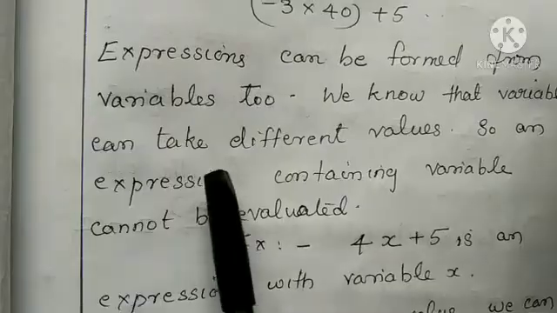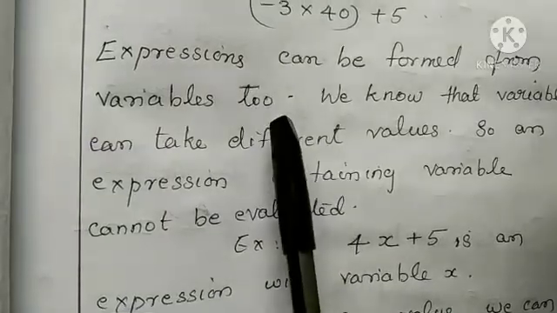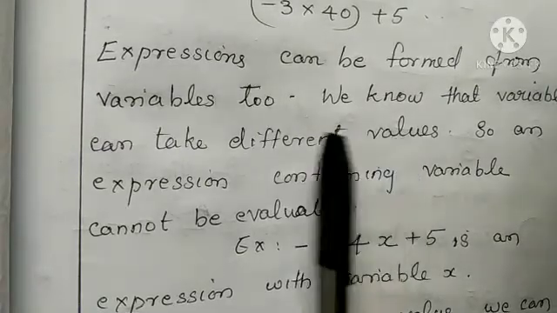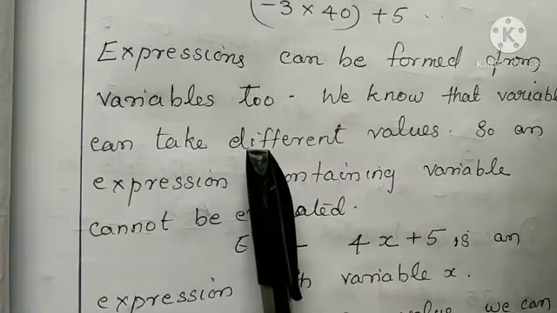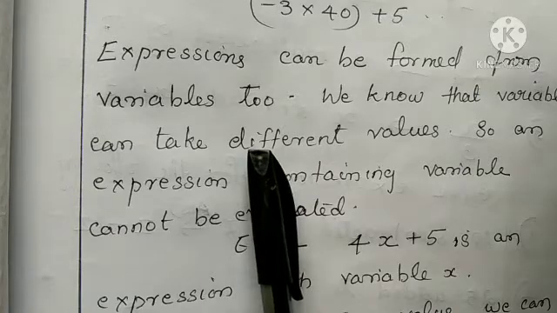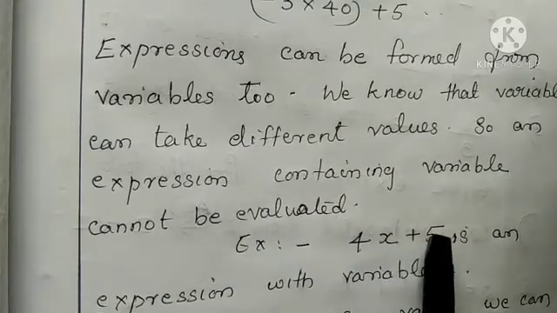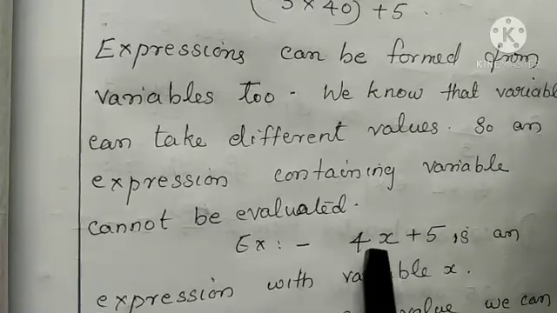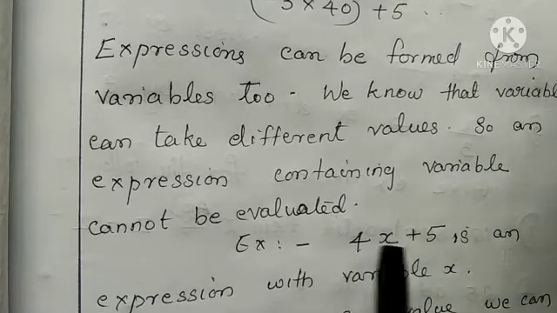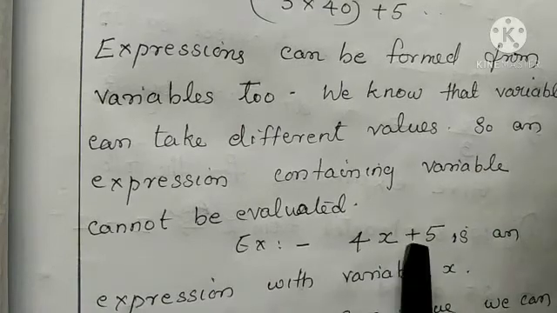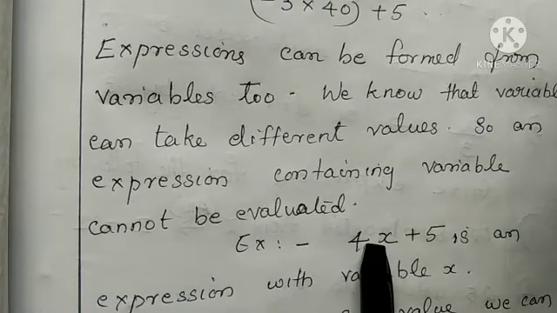But if we use variables in an expression, we can't evaluate its value. 4x plus 5 is an expression with a variable. Here x is the variable. These 4 and 5 are numbers, but x is a letter.